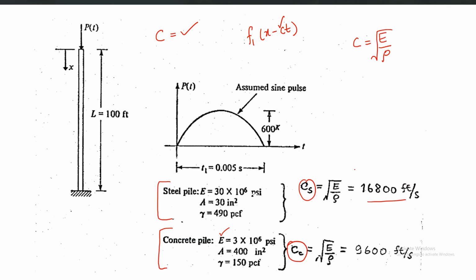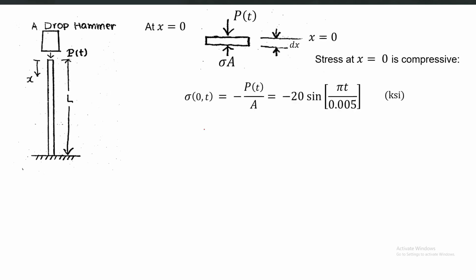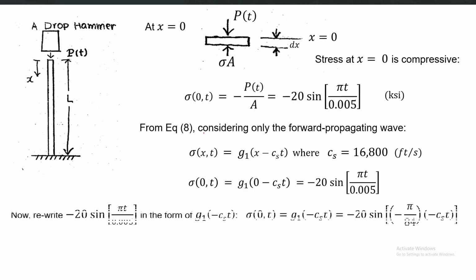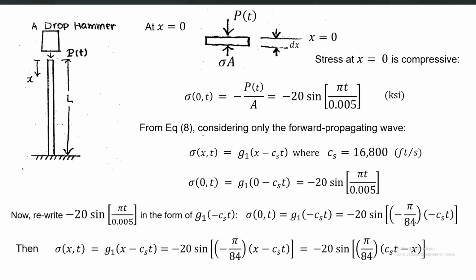This C will have the units of velocity, feet per second in this case, 16,800 for steel and 9,600 for concrete. After you calculate C, let's apply the boundary conditions to calculate the F1 function.